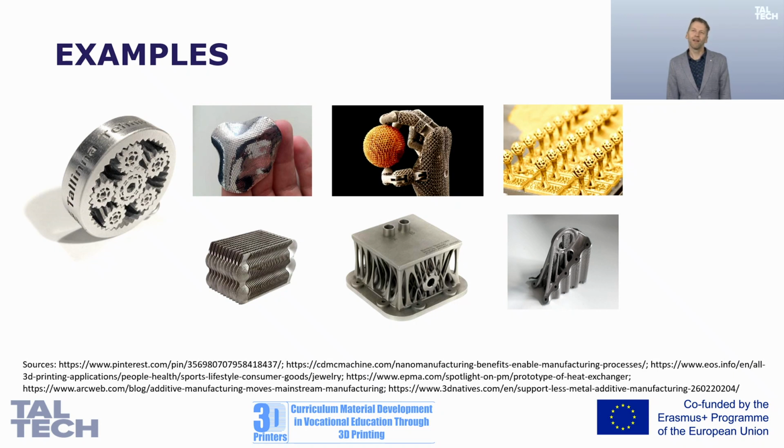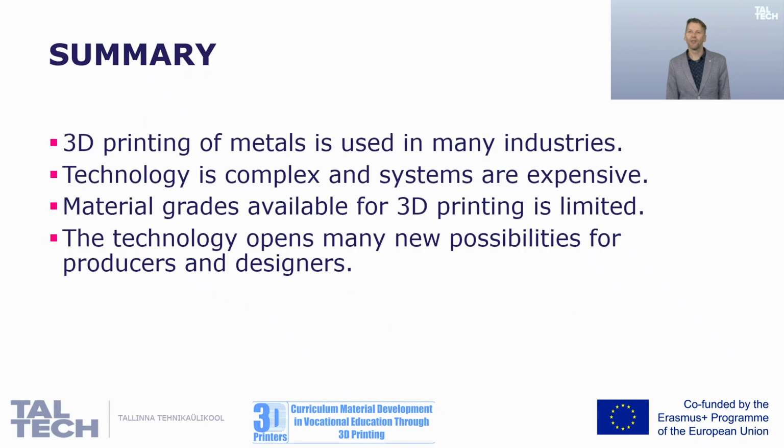For example, here on this picture we can see structures optimized with topology optimization, or structures that use minimum or optimum material. Or for example, here we can see a heat exchanger which works more effectively than traditional ones. So there are different opportunities offered by these technologies.